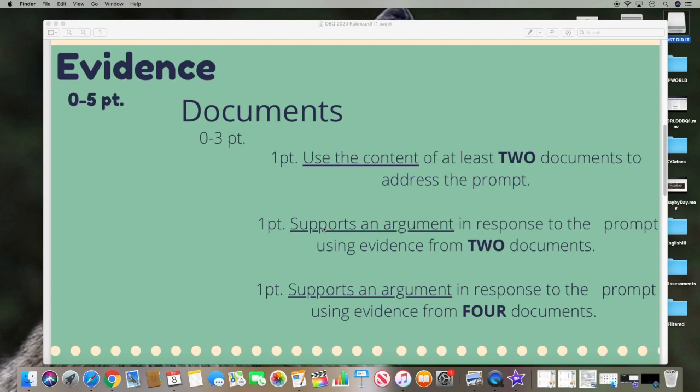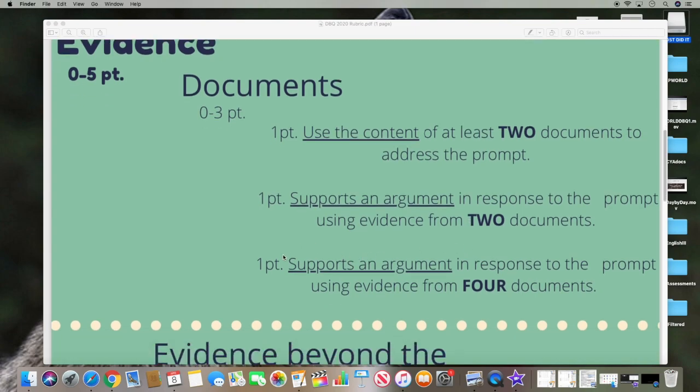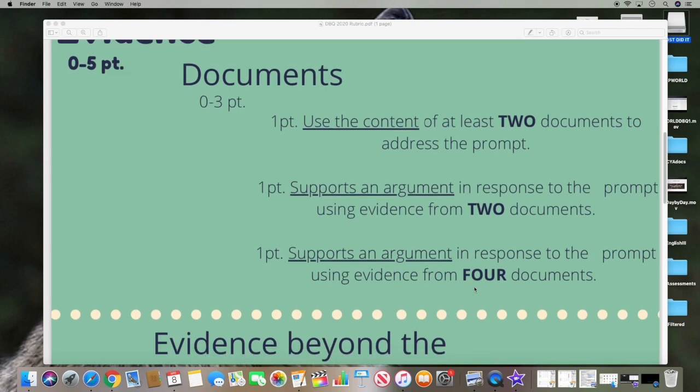So does the document that you are using support your argument, or are you just simply describing the document? You get 2 points for supporting your argument using 2 documents. You get all 3 of the points for supporting your argument in response to the prompt using 4 documents. And this is why I'm recommending that you use 4 documents.